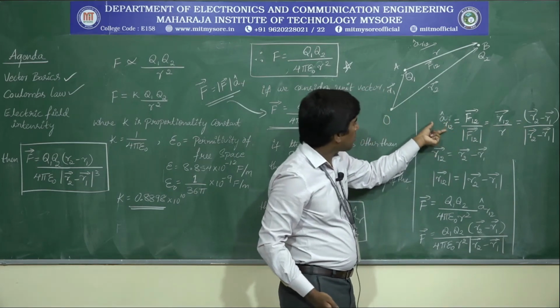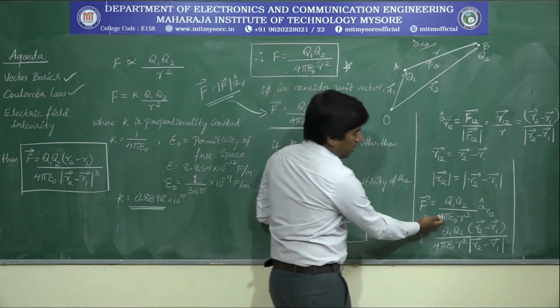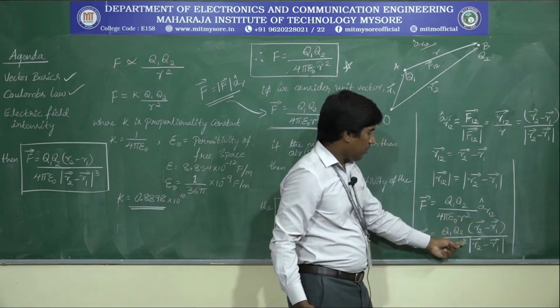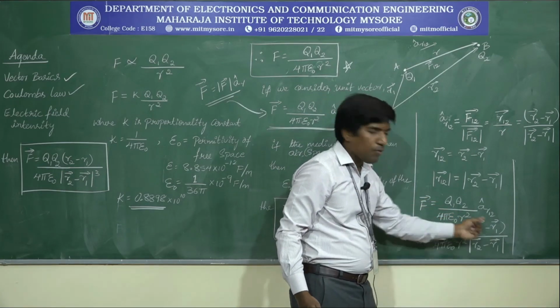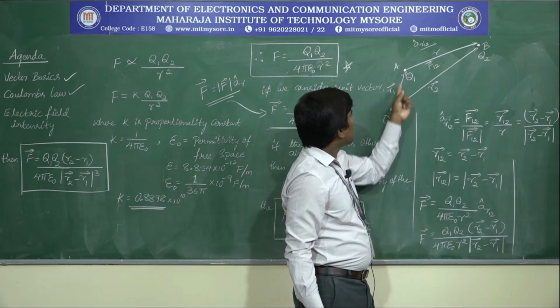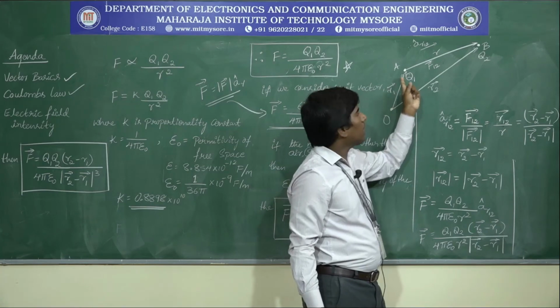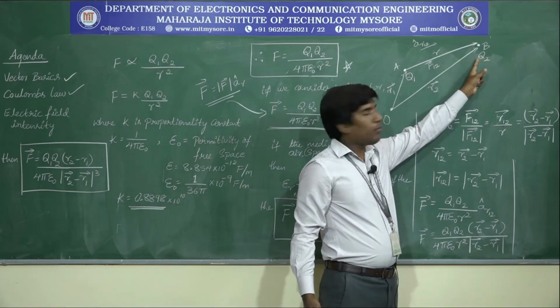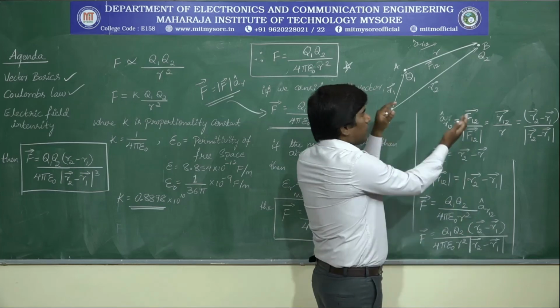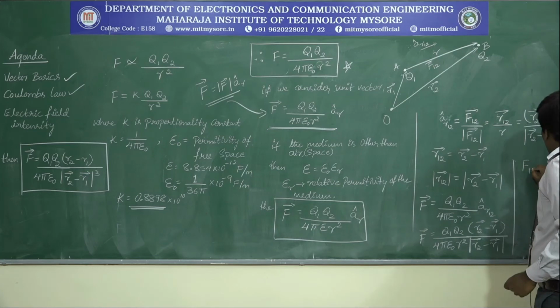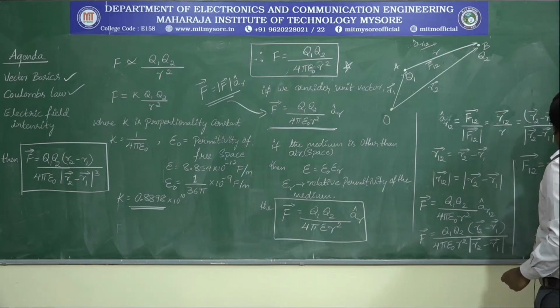Then substituting this quantity into this equation, we get the electrostatic force equation in vector form. This is Coulomb's law in vector form, for the force exerted by the charge at point A, that is Q1, on point B. If we reverse this process, then this equation holds good: F12 is equal to minus F21.